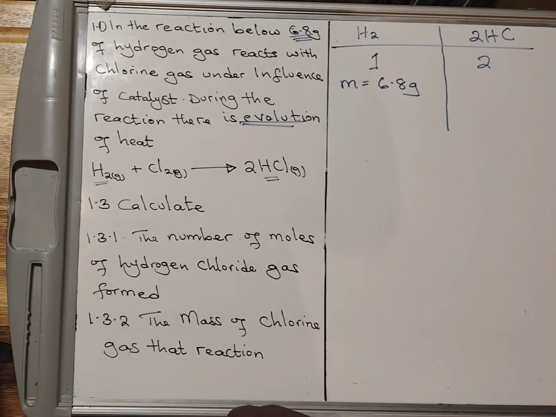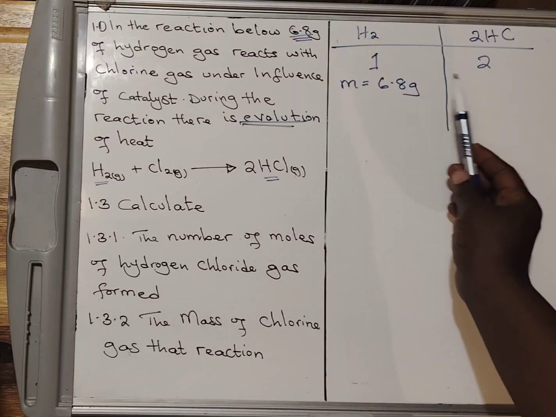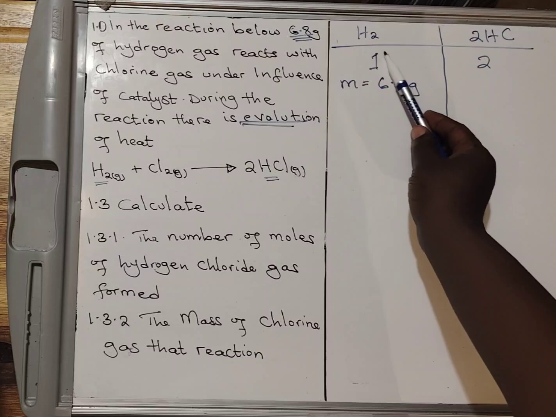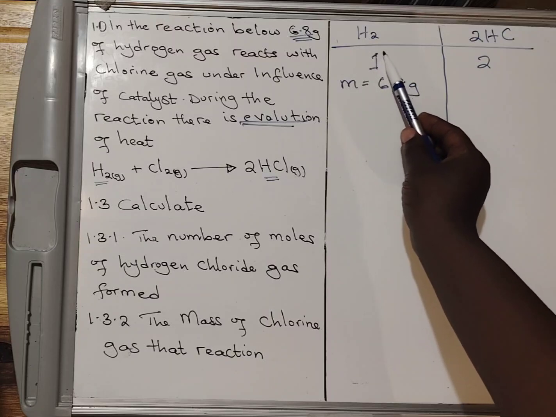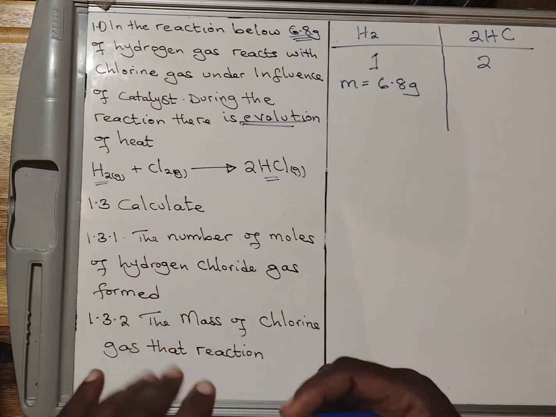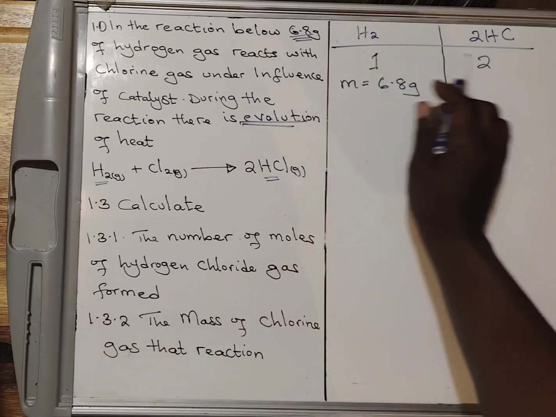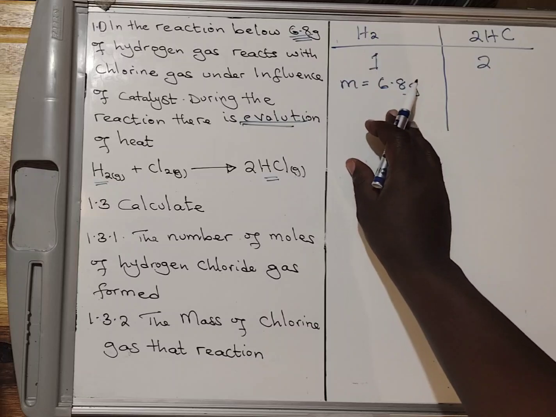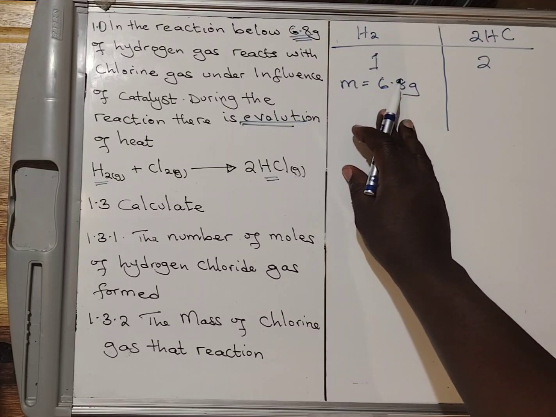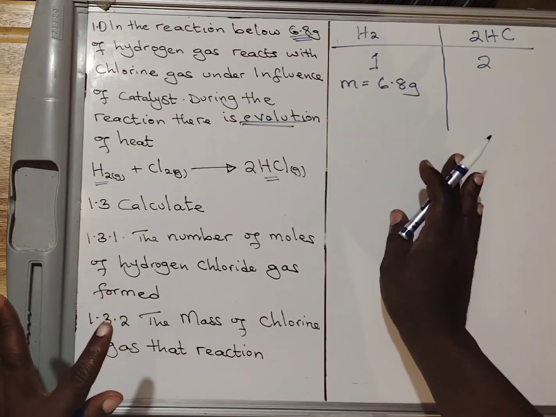Okay. But I need to sound some seriousness around here. These ratios we wrote first, they are mole ratios. So the moment you have mole ratios, all your effort must be at finding the moles. So mass cannot work. So what do we do?